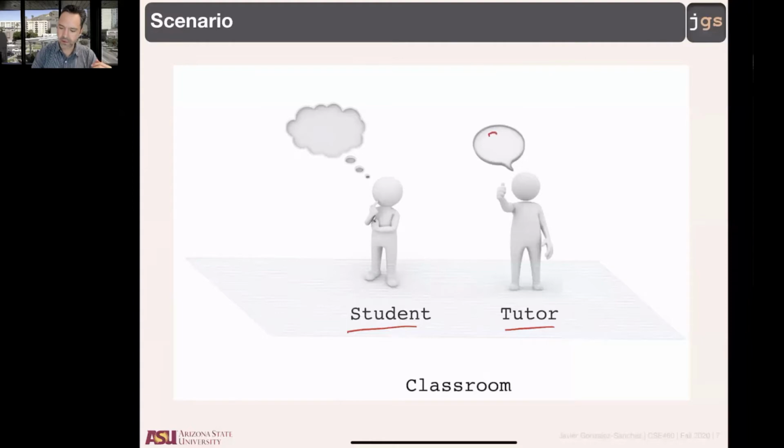Maybe the professor is going to ask a question, and maybe the student needs to answer the question. The definition is, I have students, I have tutors, instructors, whatever. And this guy is observing, listening. The tutor is expecting information from the other object. With that definition, the student should answer the question from the tutor.